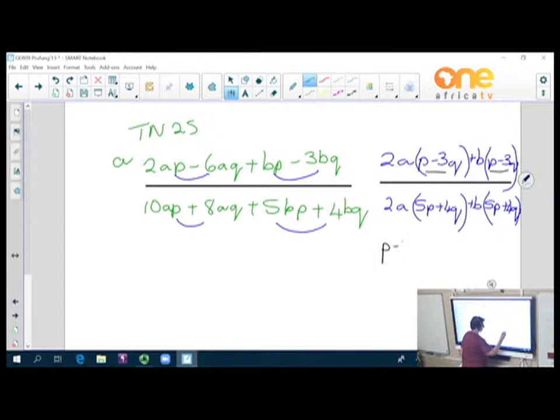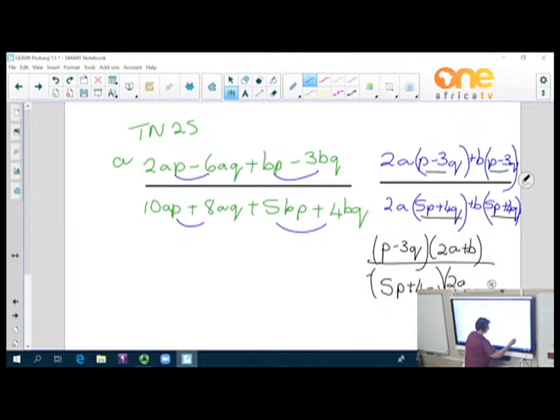So I can take out the P minus 3Q, and then there remains 2A plus B. Same thing here. This is common there, so it's 5P plus 4Q, and then in the second bracket, it's 2A plus B. That is grouping. And now we can cancel out. So your answer is P minus 3Q over 5P plus 4Q.